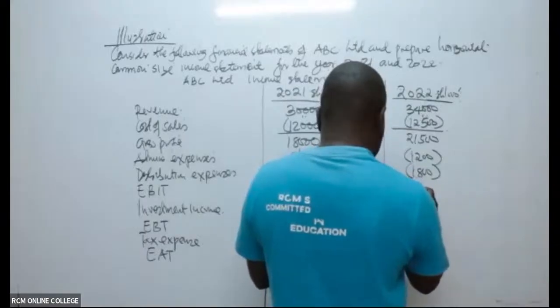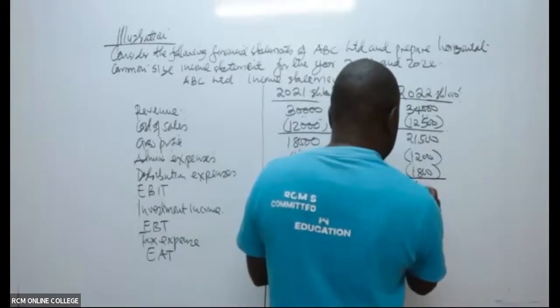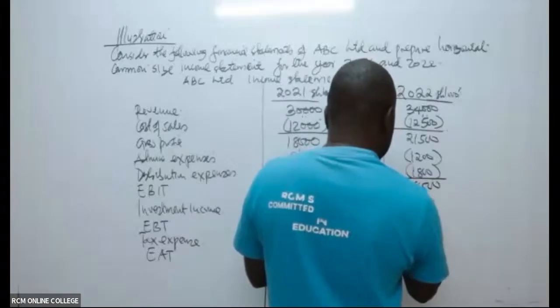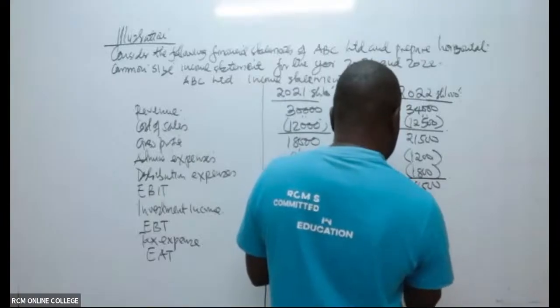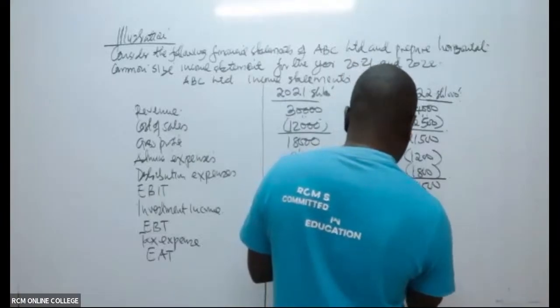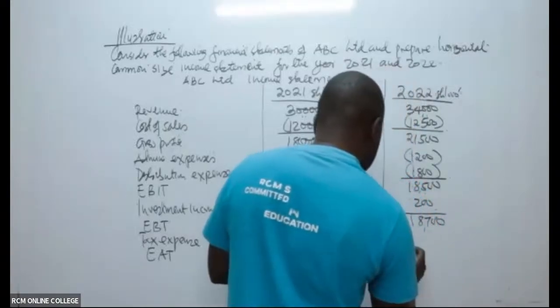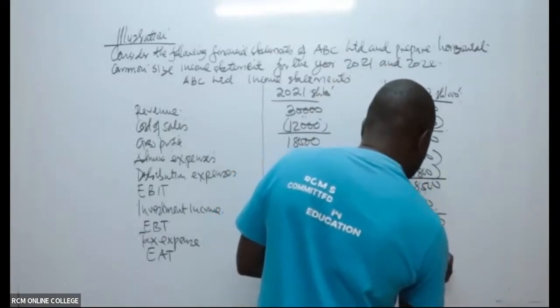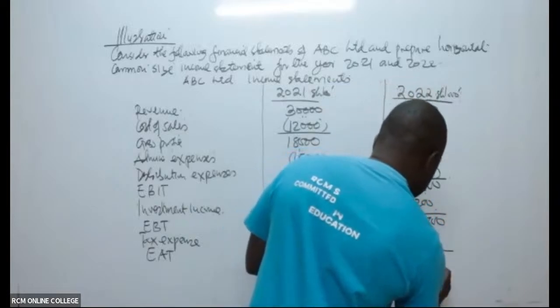So it will give you 18,500,000. This one is 200. Investment income is 200. So 18,700,000. Then the tax expense here is 4 million. So that gives you 14,700.